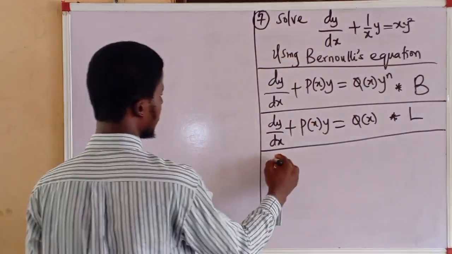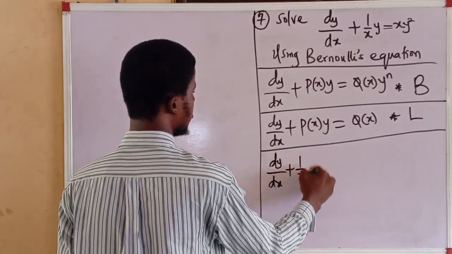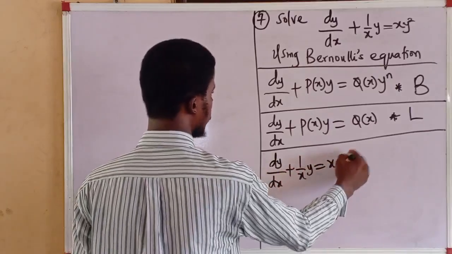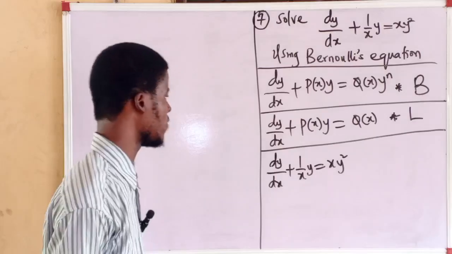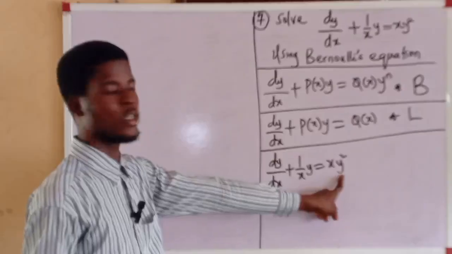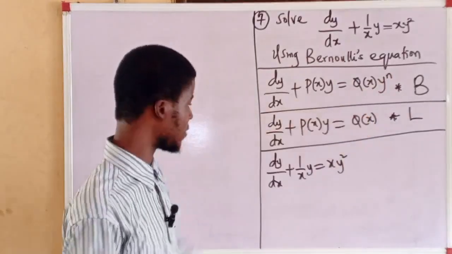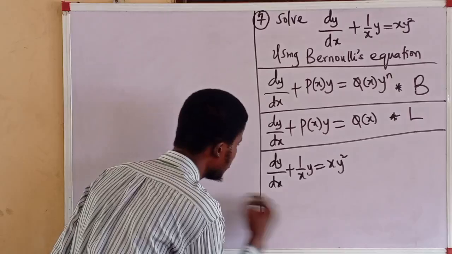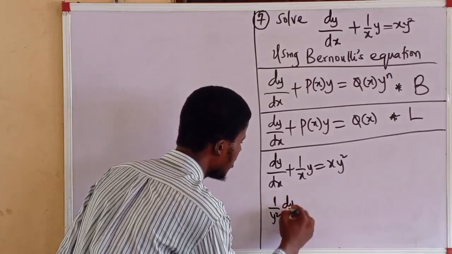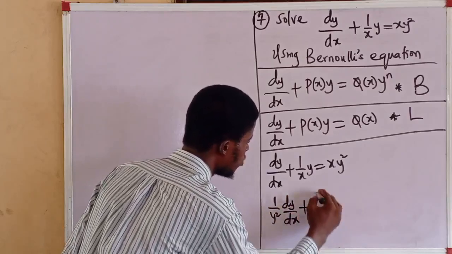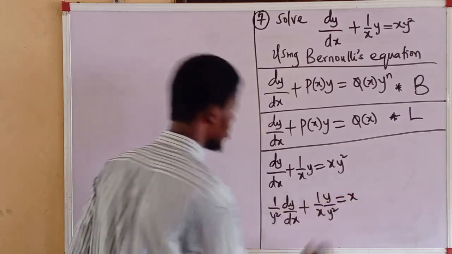So the equation says dy dx plus 1 over x into y equal to x y squared. First of all, when solving the Bernoulli's equation, we divide both sides by y to the power of 2. That means we remove this y to the power of n from the right hand side. If I do that, I'll have 1 over y squared dy dx plus 1 over x y over y squared equal to x.